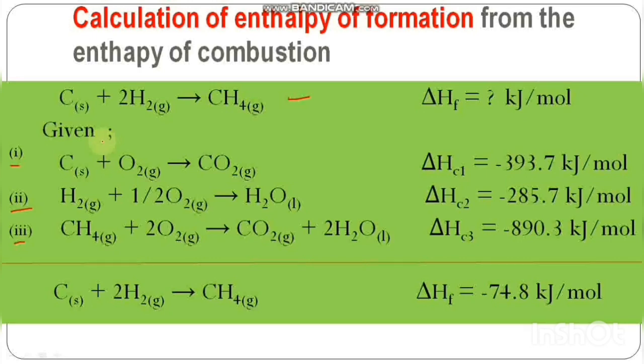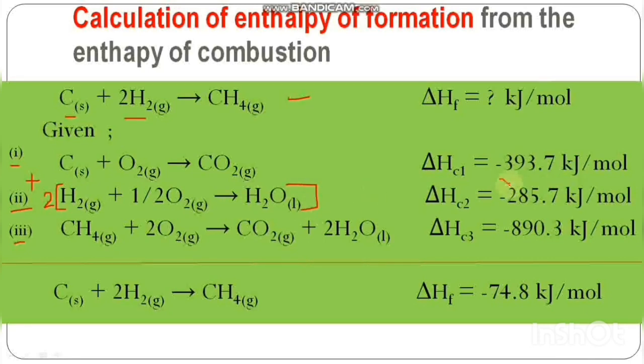In the required equation we have carbon plus 2 hydrogen on the reactant side, so we add the first and second equations, and we multiply the second equation by 2 and also multiply delta HC2 by 2, which comes out to be minus 571.4 kilojoule per mole.